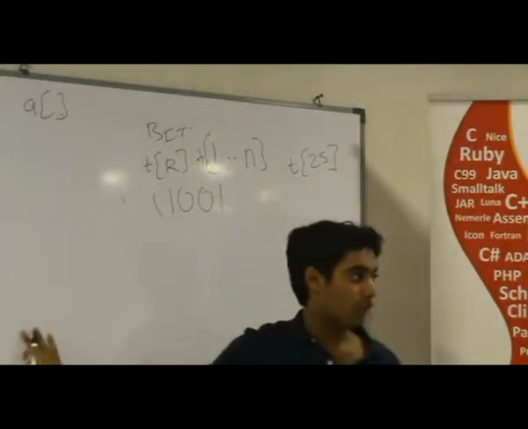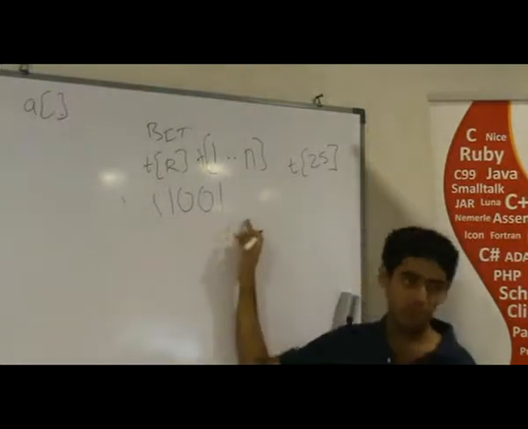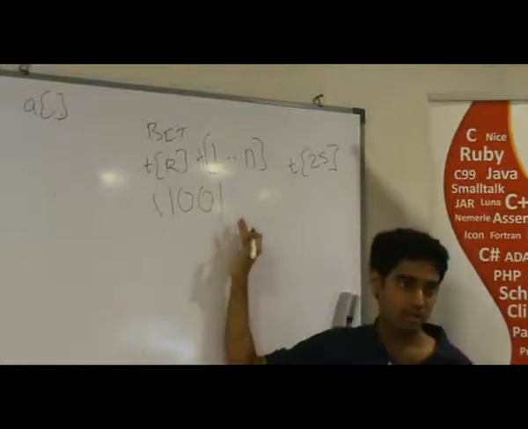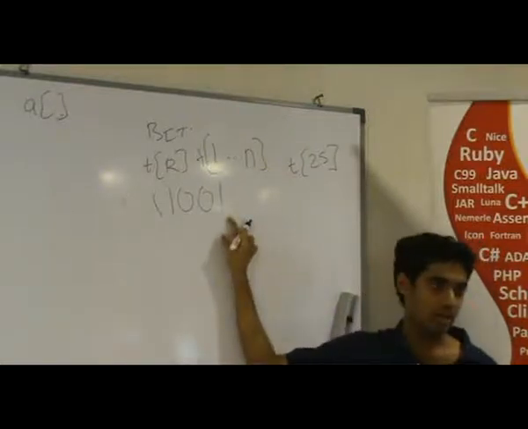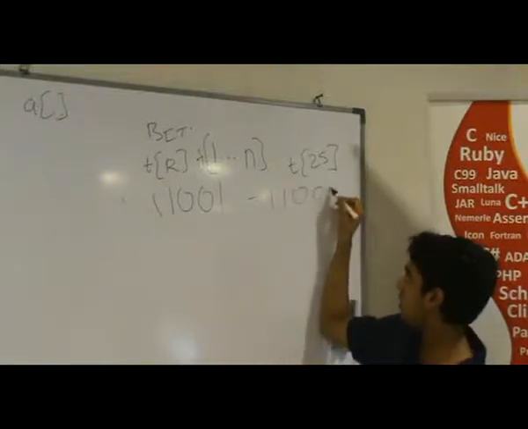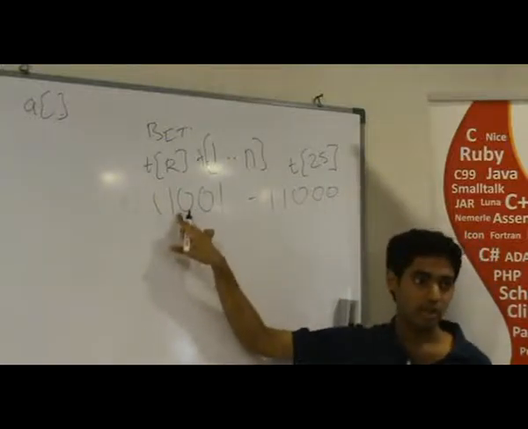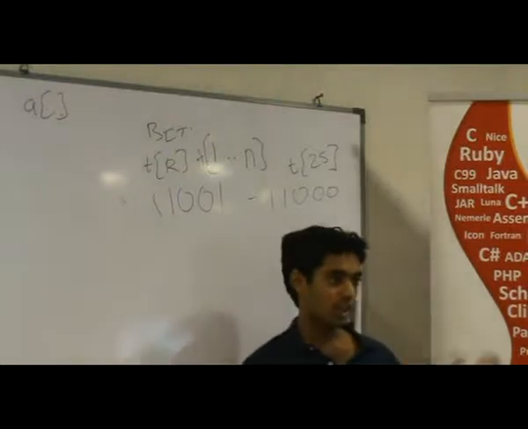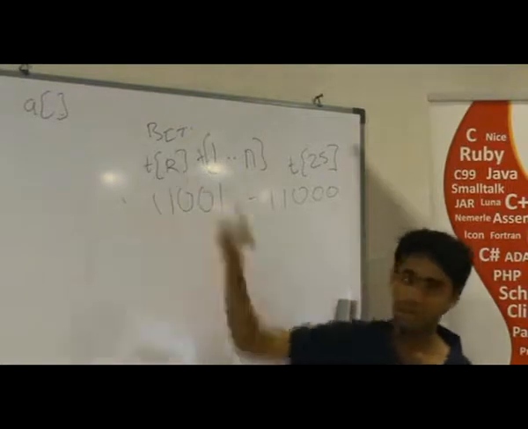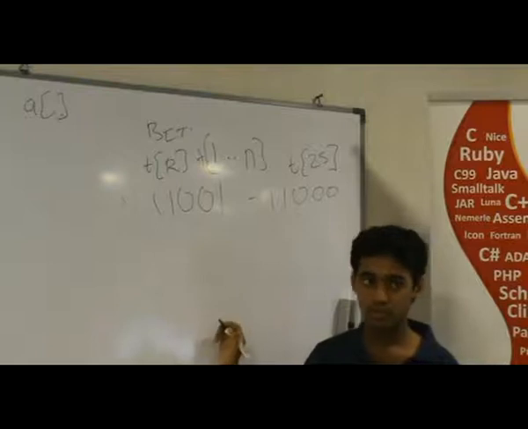A is your initial array over which you want to form a BIT and perform these operations. For location 25, we remove the smallest set bit, the one at bit 0, and make that a 0. What does that become? 11000, which is 24. So the sum of the elements A of 24 plus A of 25 will be stored in T of 25.